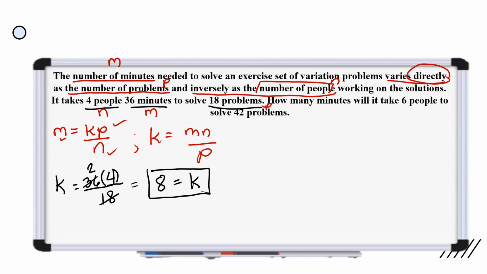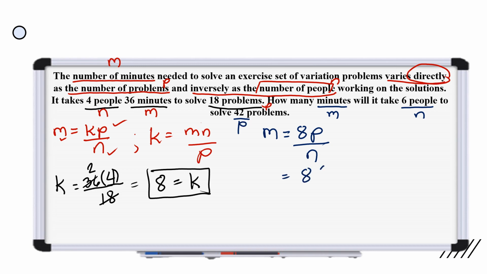So, we can now rewrite the equation as M is equal to 8P over N. Then, we have to find the number of minutes. Take for 6 people. So, 6 people na to is yung N with 42 problems, which is P. So, rewrite lang natin.